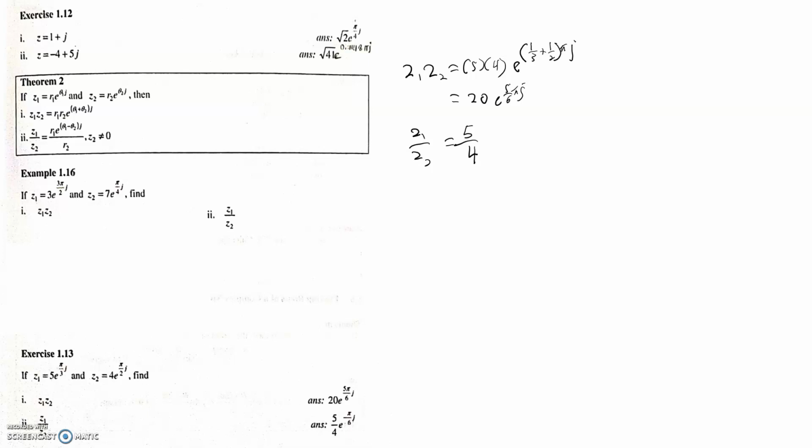Just put e here, and then we have 1/3 minus 1/2 pi j, and that will give us 5/4 exponent negative 1/6 pi j. Right, so that's how you do it.